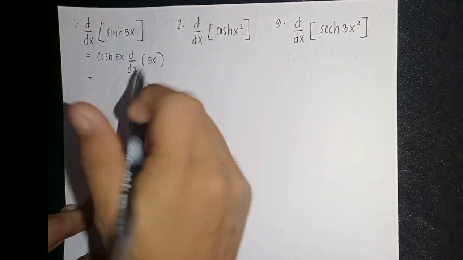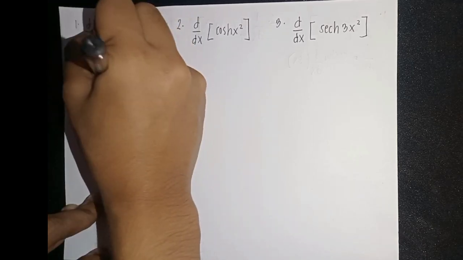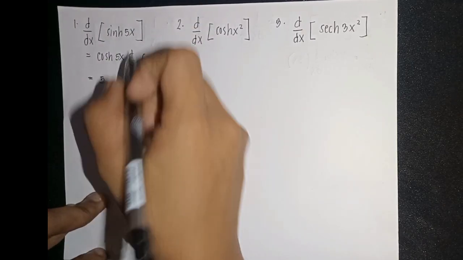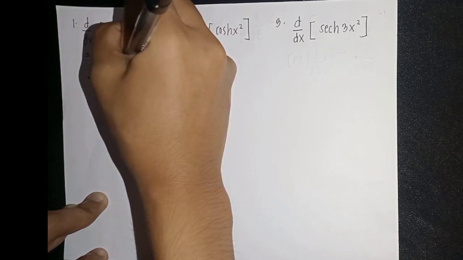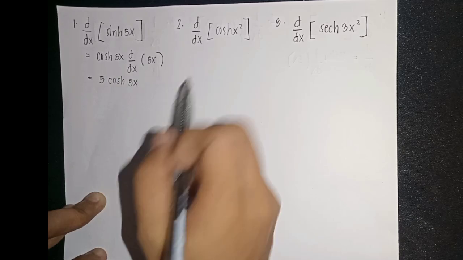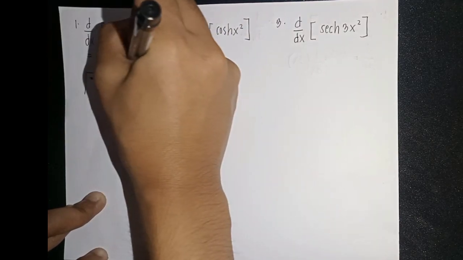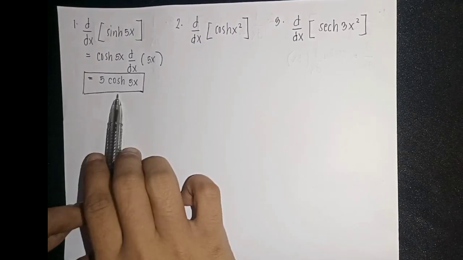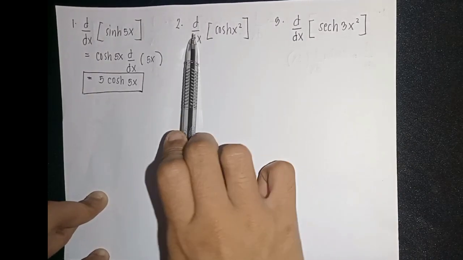So now, let's copy the derivative of 5x, which is 5, times the hyperbolic cosine 5x. So, the final answer of the derivative of hyperbolic sine 5x is equal to 5 hyperbolic cosine 5x.